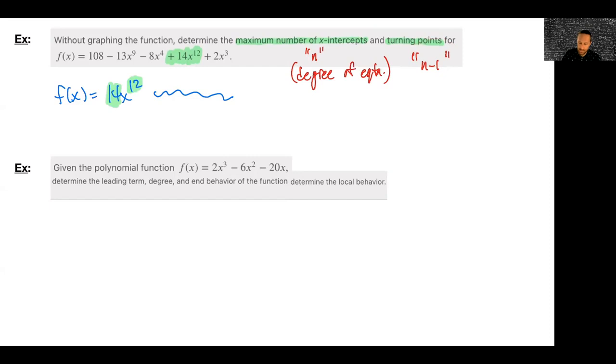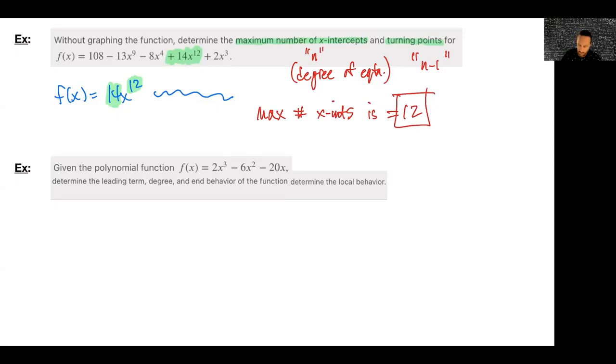So our answer to each of those is the max number of x-intercepts, and I'm going to write x-intercepts just to clarify, would be our degree of 12.